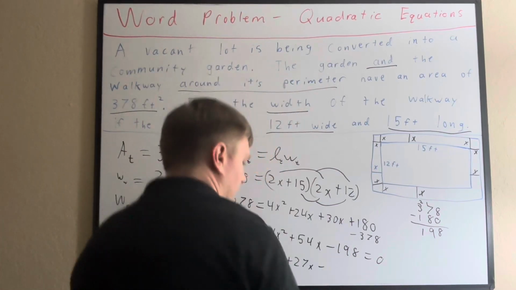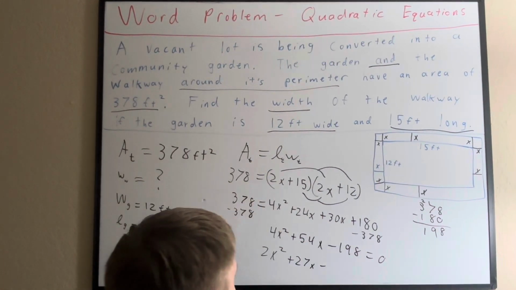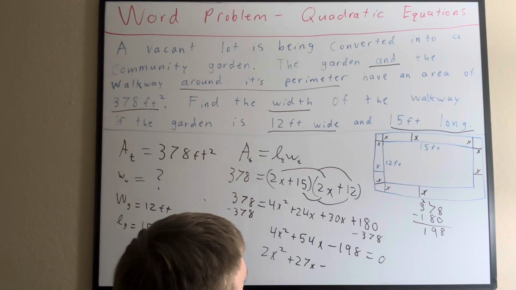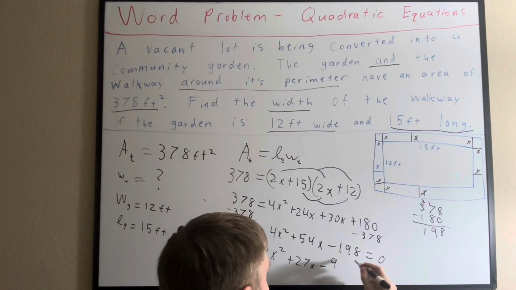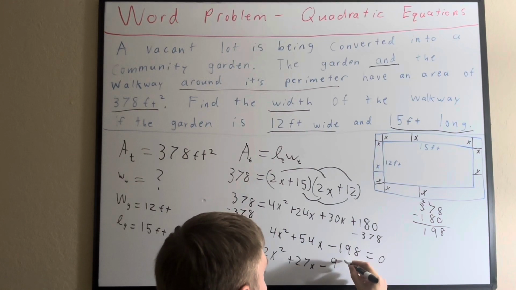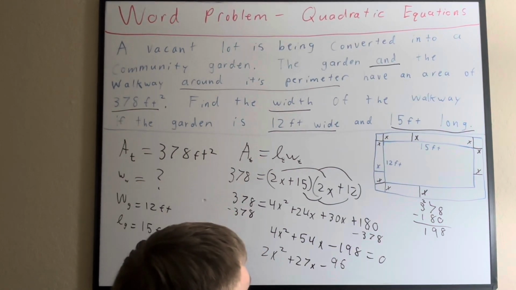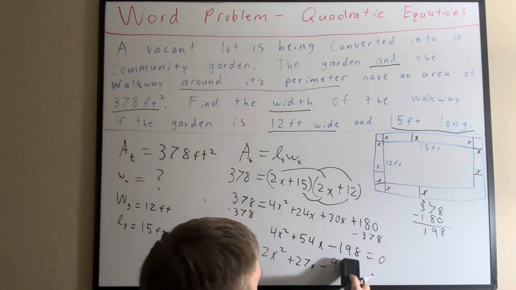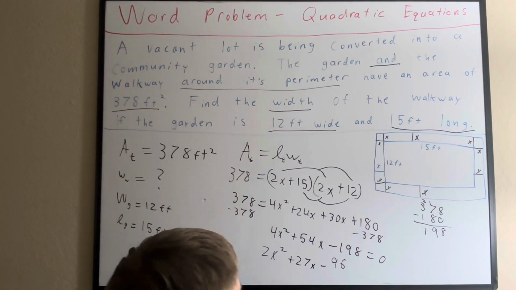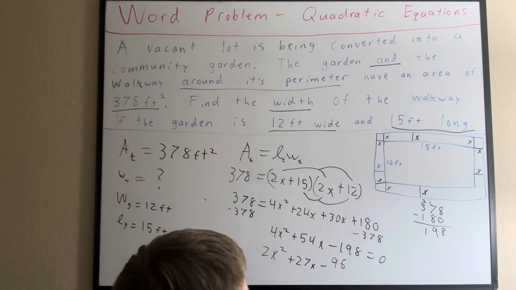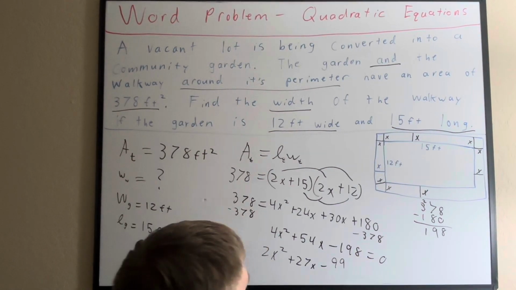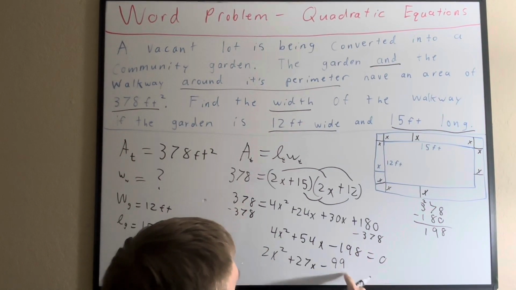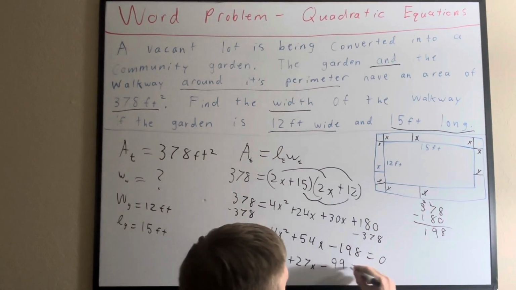Minus 99. Oh, okay. Yeah, so it's 18 times 9. Equals 0.